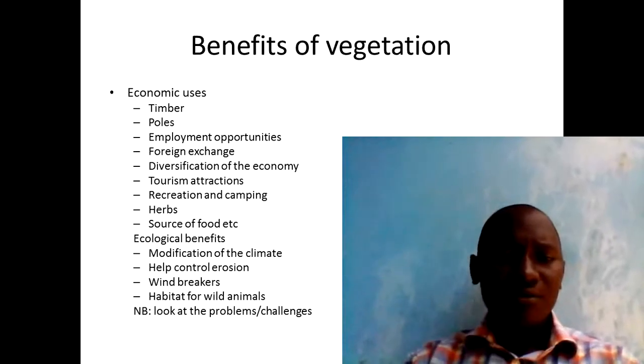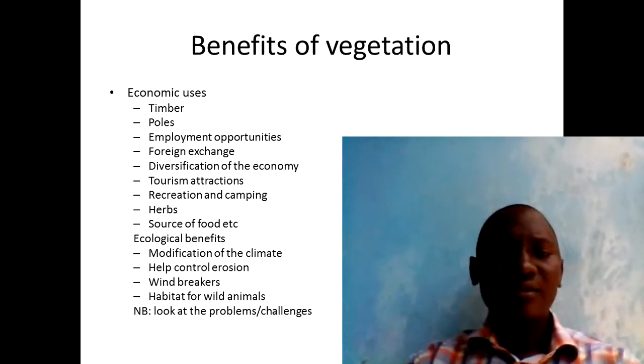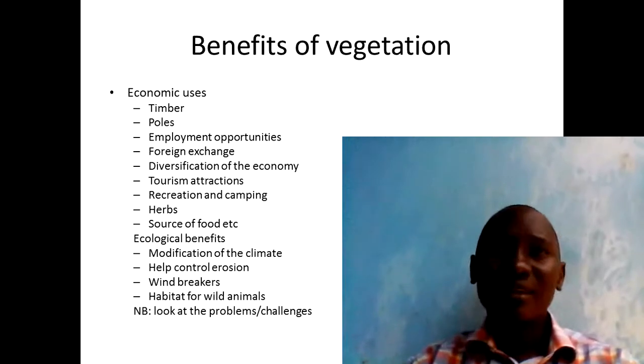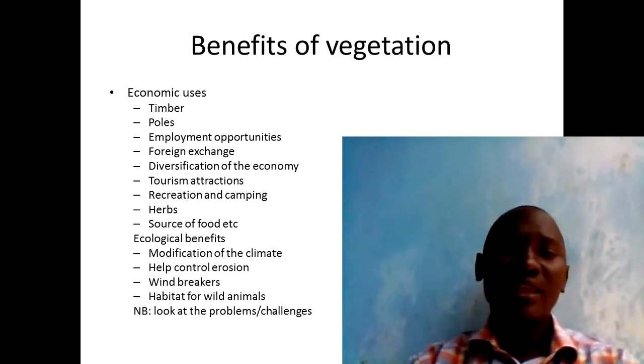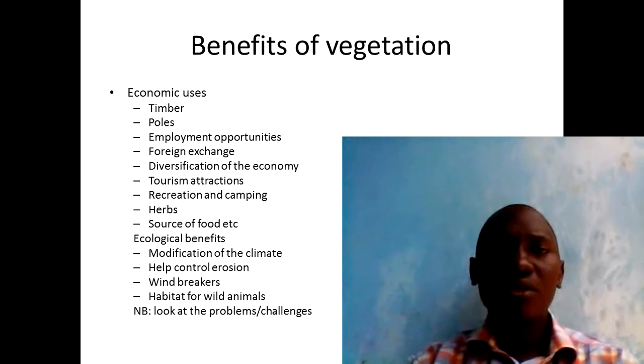Then we also have the other benefit, that's the habitat for wild animals and other forms of wildlife. These animals are both plant animals and insects. You know very well a forest like Mabira is home to thousands of butterflies and other insects. Then the animals which are found in this forest, the monkeys.